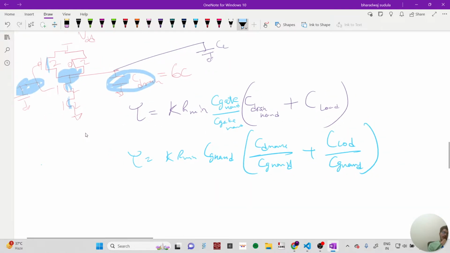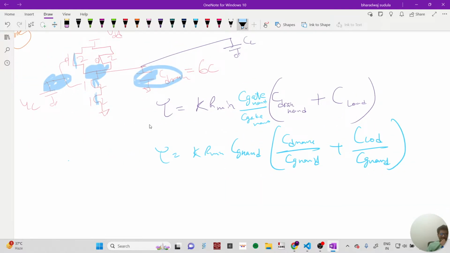So we can do this. We can run some simulation, some mathematical calculation, probabilistic assumptions. If I do all those, I can get the drain cap of NAND and gate cap. Okay.